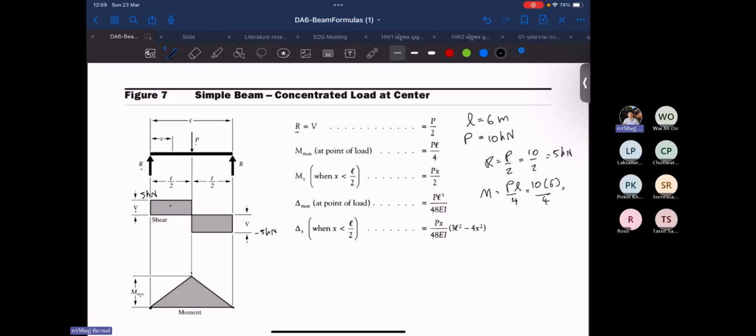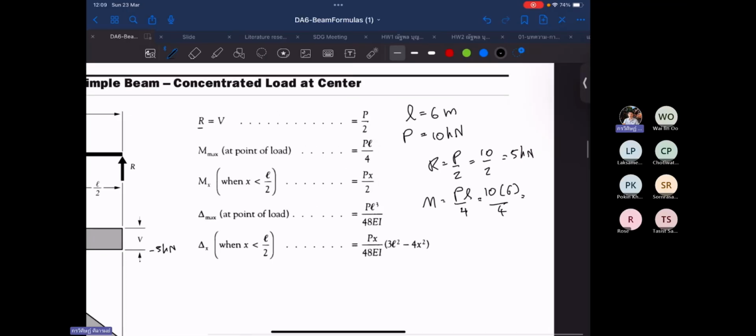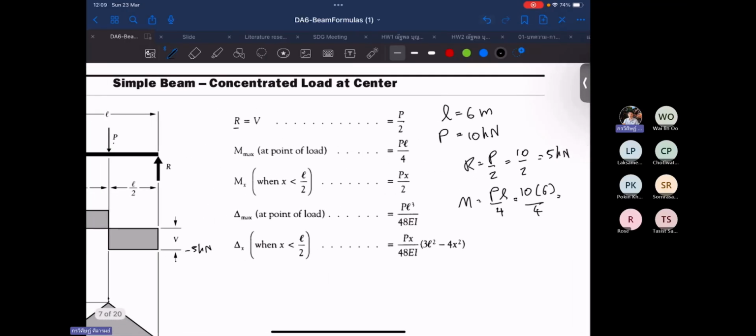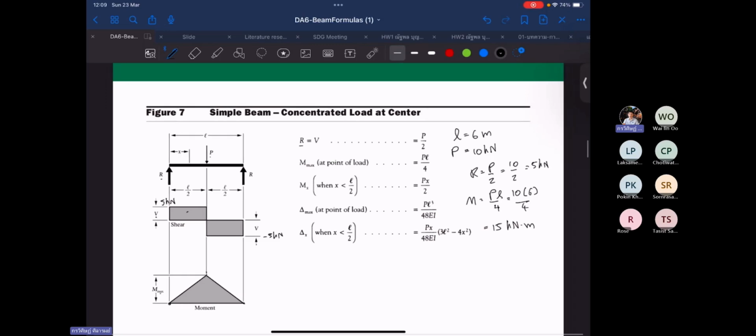So 10 times 6 divided by 4 equals 15 kilonewton meter. Like this, you get this 15 kilonewton meter at the center and 0 at the ends.